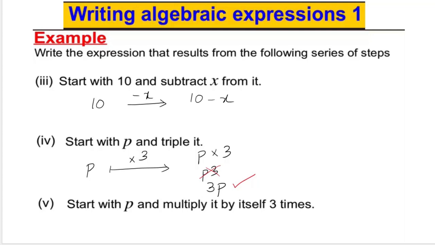So if you start with p and multiply it by itself, multiply by p, it will give you p square. If you multiply it by p again, p square times p will give you p3. So that is p cube. P raised to the power of 3 means p cube.